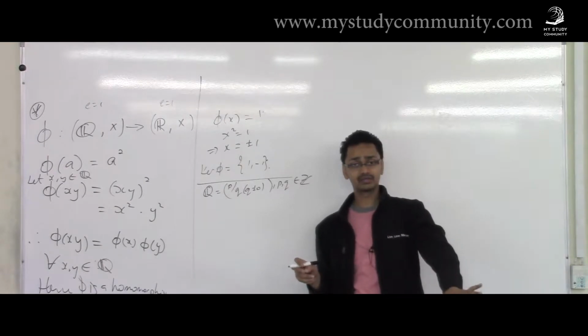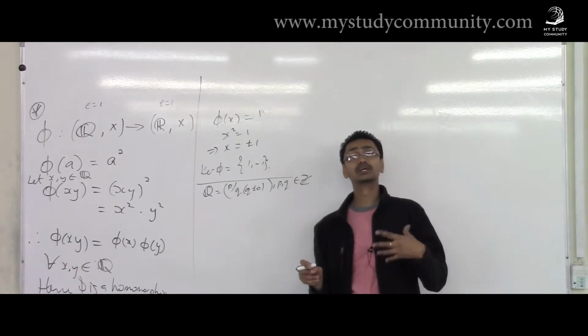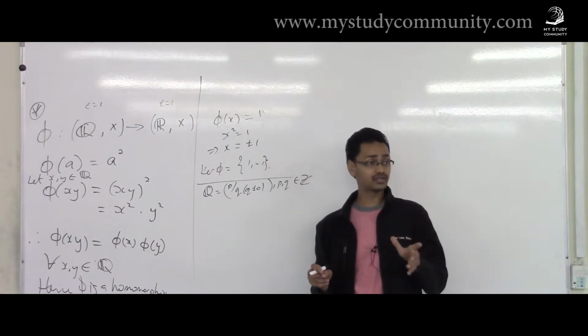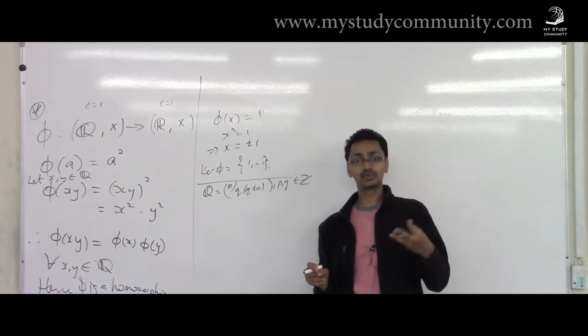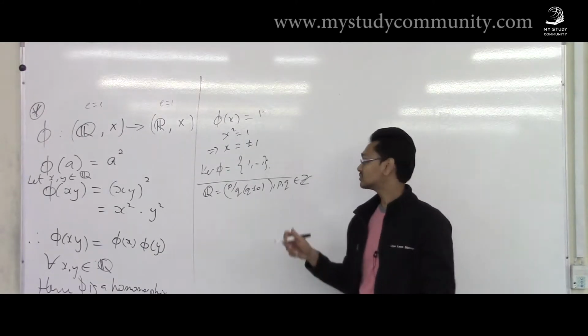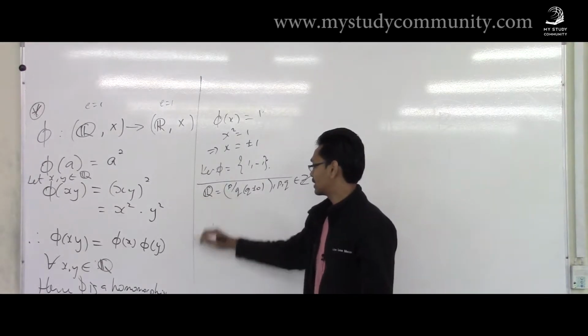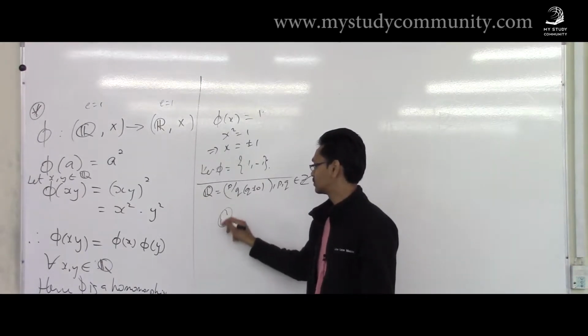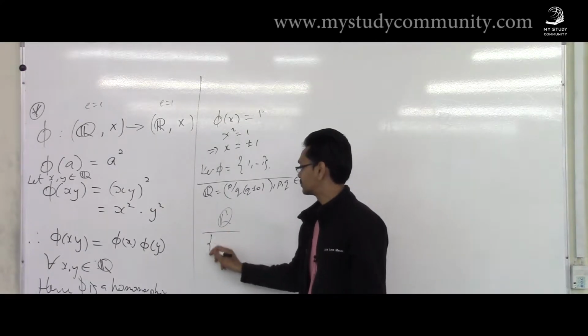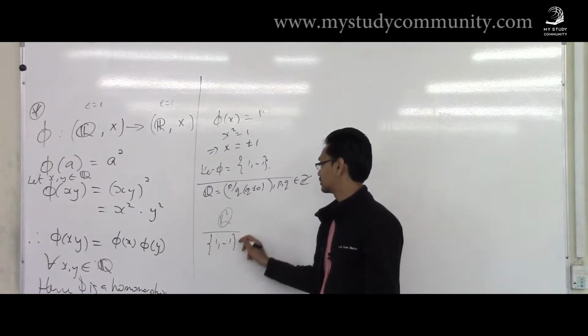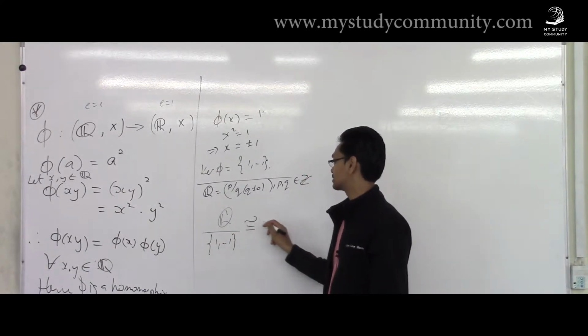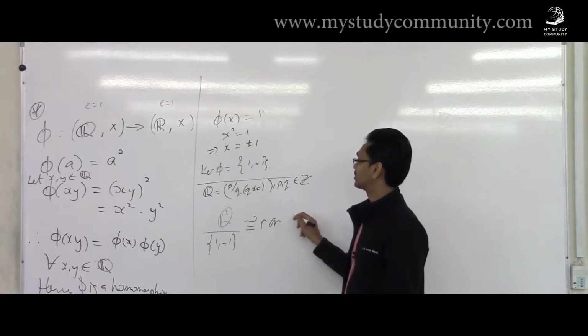So basically all the fractions, all the numbers that are not complex and not irrational. So no pi, no square roots, no e's, yes? Nice. So we have this set here. Well, we have Q over {1, minus 1}, and this is isomorphic to the range of R.